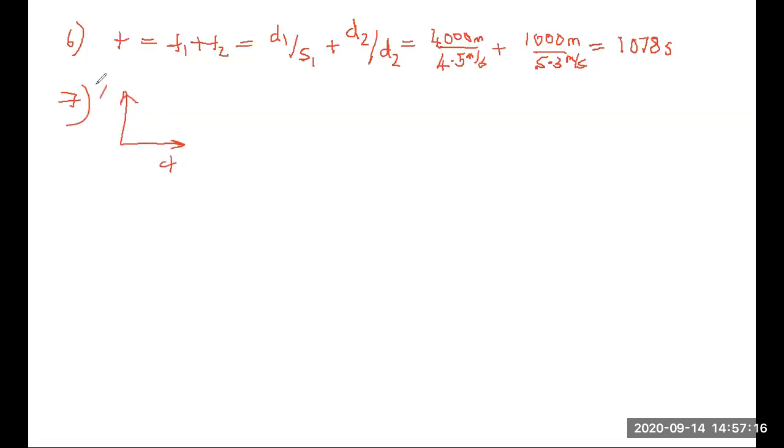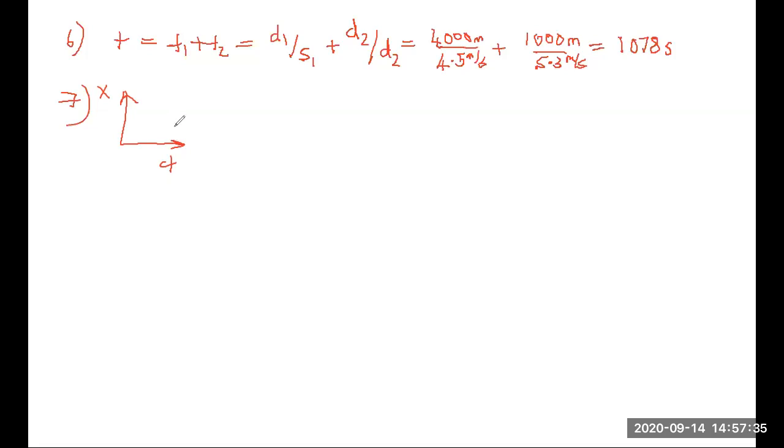So this is what we mean by a position versus time graph. Position is the dependent quantity, and here time is the independent quantity. We're watching position as a function of time.